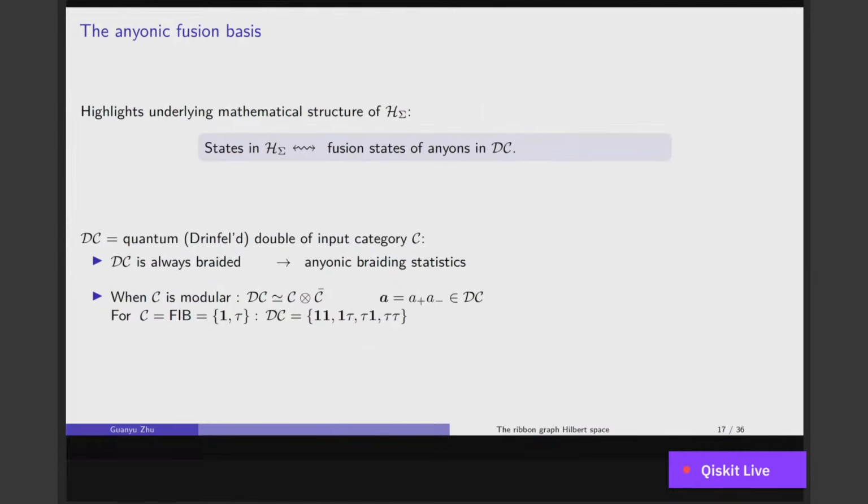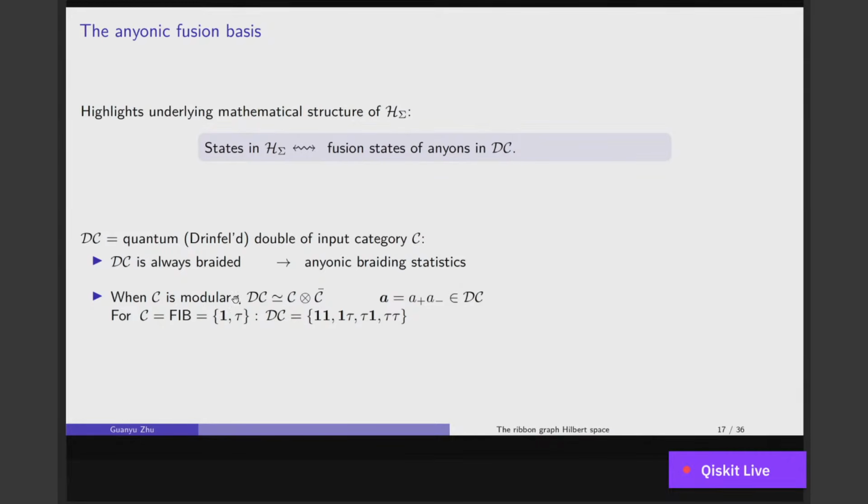After introducing the ground state, now we can finally think about the excited states, which describe those aliens. It turns out the states in the ribbon graph subspace H sigma include those ground states, but also the excited states, which are the fusion states of aliens of a so-called doubled category.